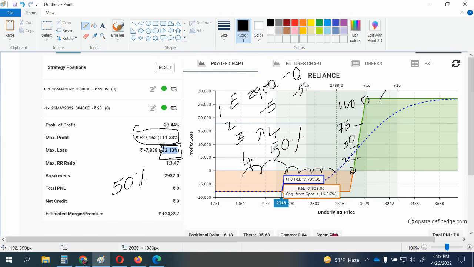In equity, if Reliance made a down move of 50%, you lose 50%, but in the debit spread, your loss on the downside is capped. It's a very limited loss. Hope I was able to convey the message. These are only the drawbacks. How to nullify or mitigate all this loss?